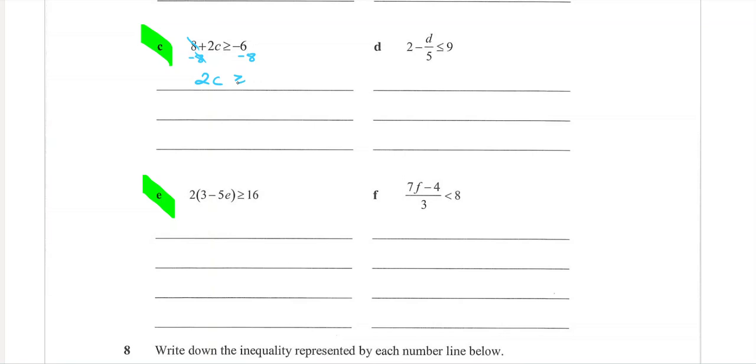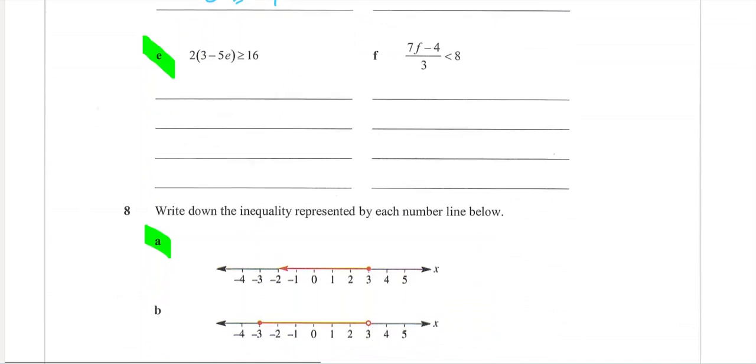Minus 6 minus 8 is minus 14. Okay, what do I do next? I've got to get rid of what? Divide by 2, good. So c is greater than minus 14 divided by 2, which is negative 7. Okay, that's a relatively easy one because I didn't have to move any signs around.